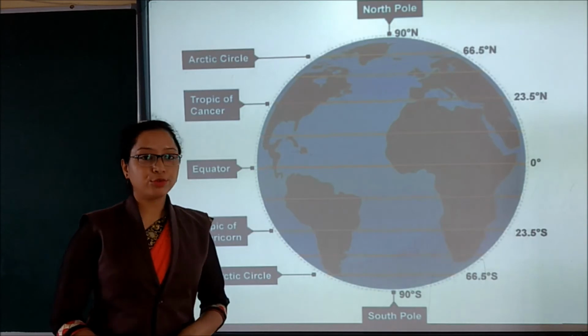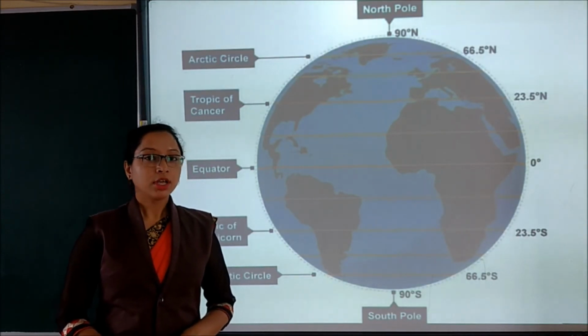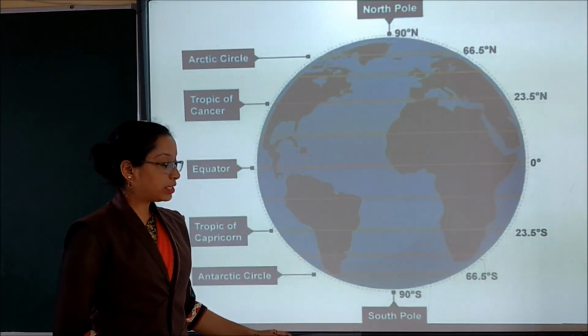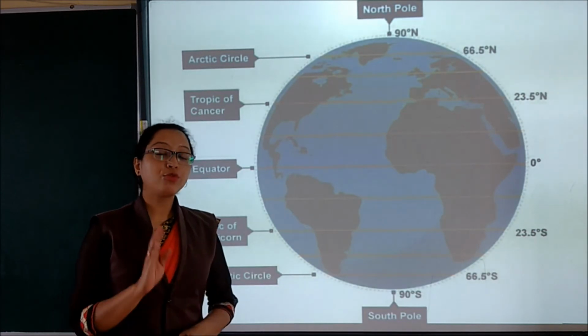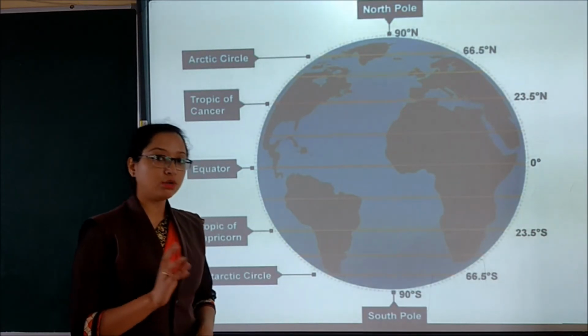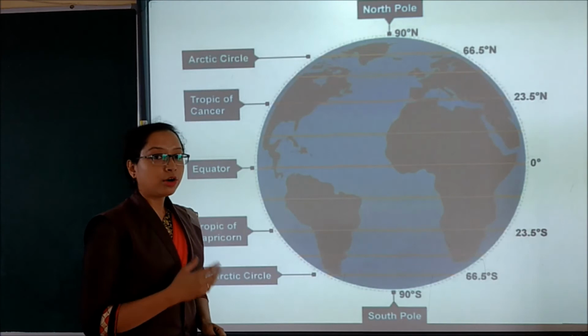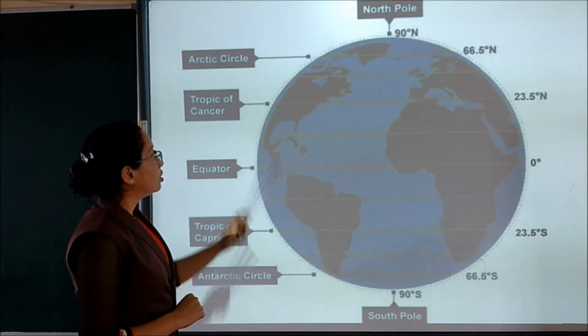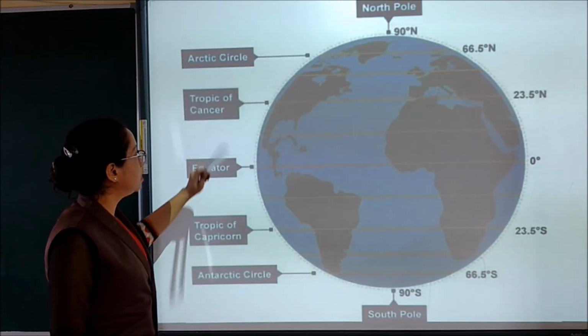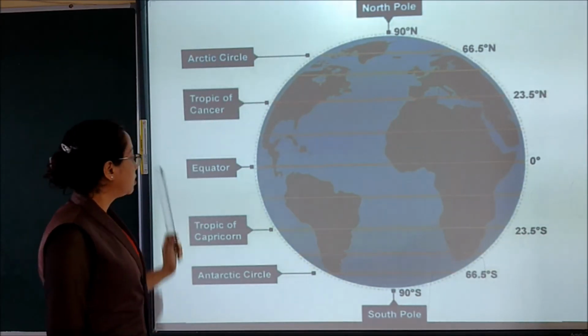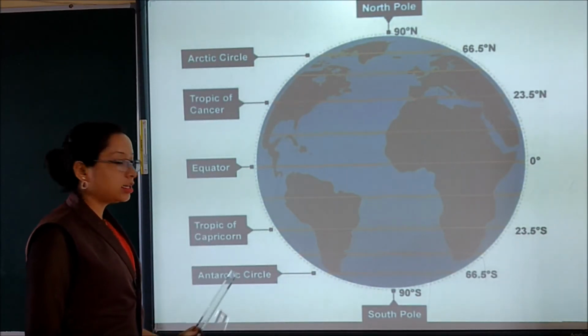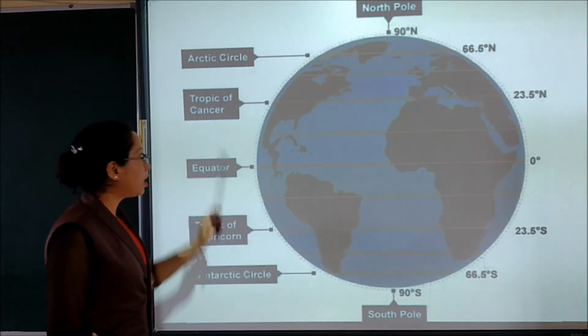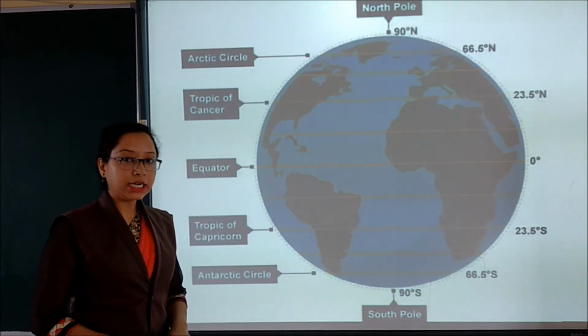Next is four important latitudes. Except for the poles and the equator, there are four important latitudes. Now let's read or understand what are those four important latitudes. One is Arctic Circle, Tropic of Cancer, Tropic of Capricorn and Antarctic Circle. These are four important latitudes.